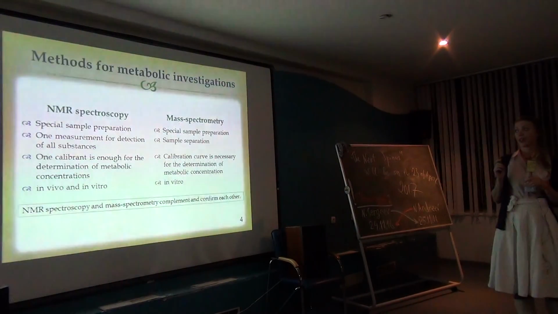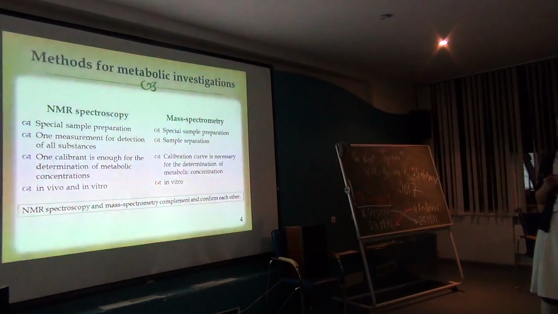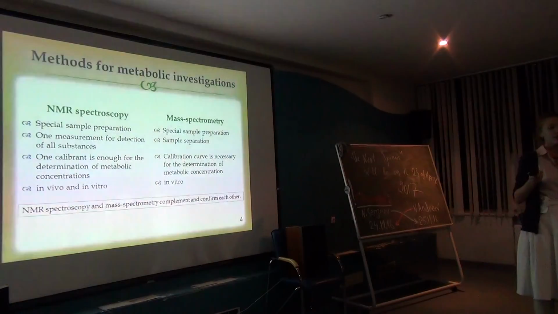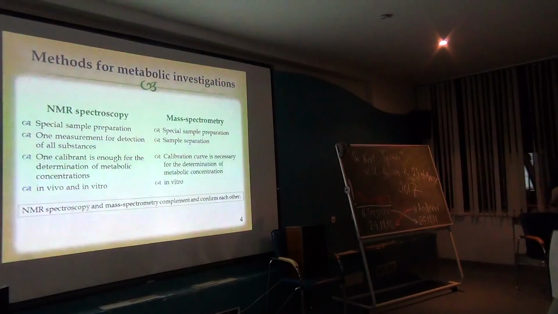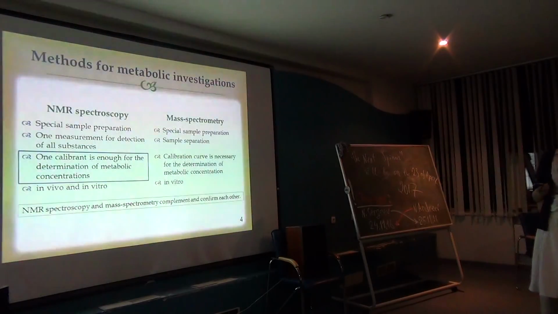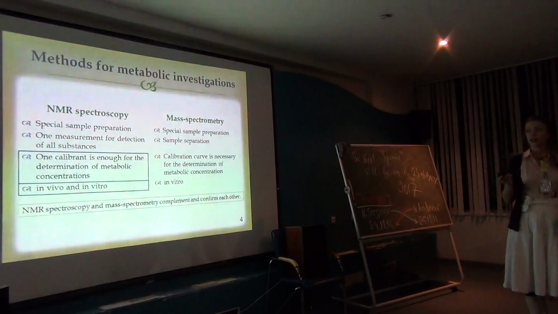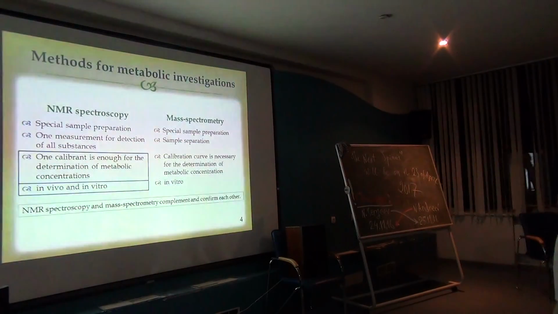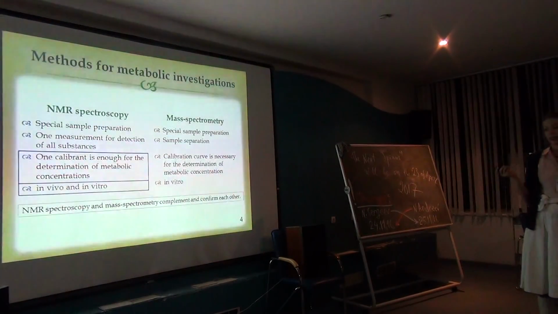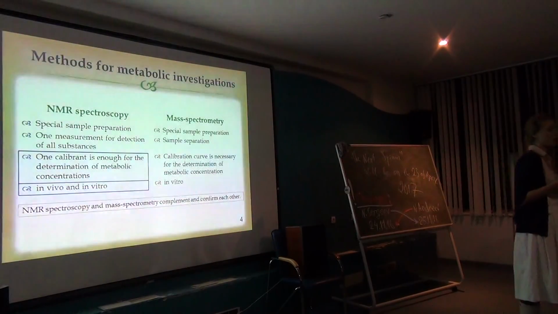Mass spectrometry also requires special sample preparation, sample separation, a calibration curve is necessary, and just in vitro studies are available. These properties of NMR spectroscopy make it indispensable for biological studies. But in fact, of course, NMR spectroscopy and mass spectrometry complement and confirm each other very well.